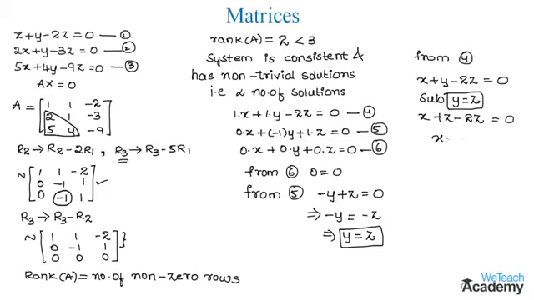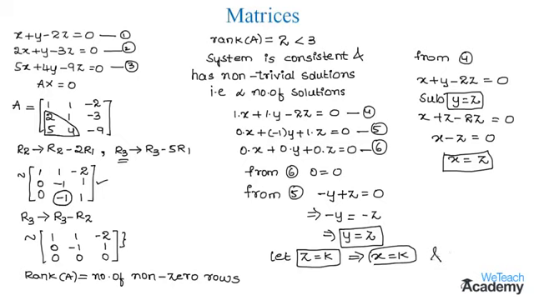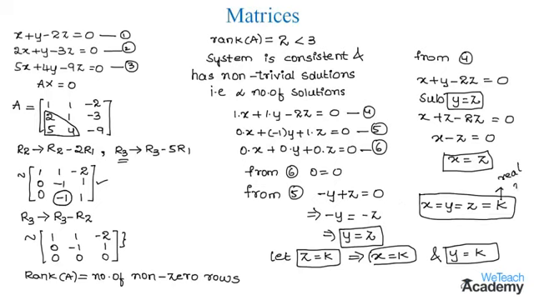So that implies x - z = 0, which is nothing but x = z. So let us assume the value of z as k. So that implies the value of x will also be equal to k, and the value of y will also be equal to k. So therefore the solutions are x = y = z = k, where k is a real number.